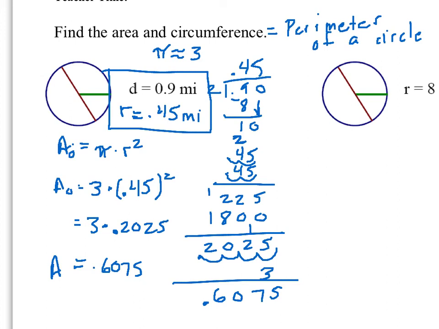Why is my answer incorrect, Kevin? Nothing to add. Pi times r squared, nothing to add. Right, so what's wrong with my answer? Why is it wrong? No units. What are the units?